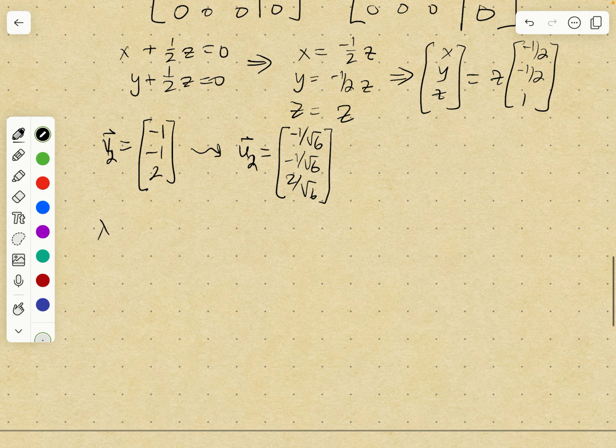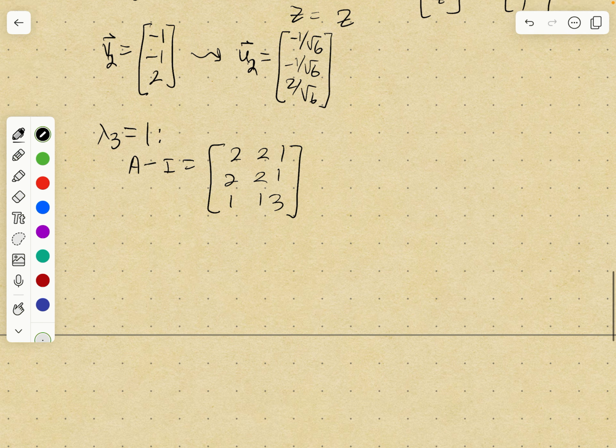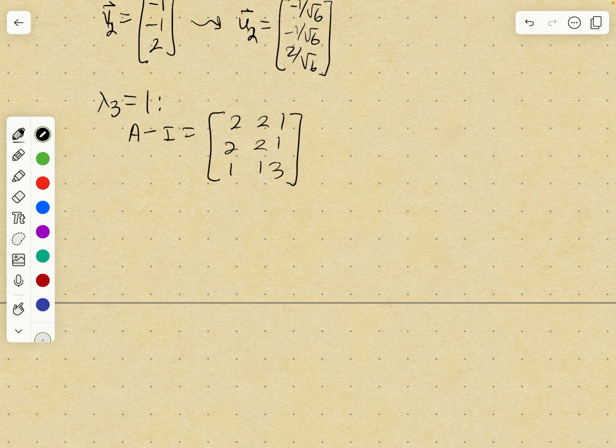All right, finally, we have one more eigenvalue. Lambda 3 is 1. So we're just going to do A minus I, and that gives you 2, 2, 1, 2, 2, 1, 1, 1, 3. Now I can swap rows 1 and 3 again.